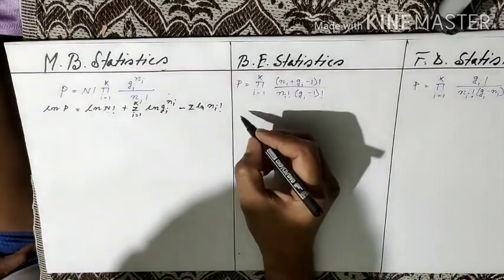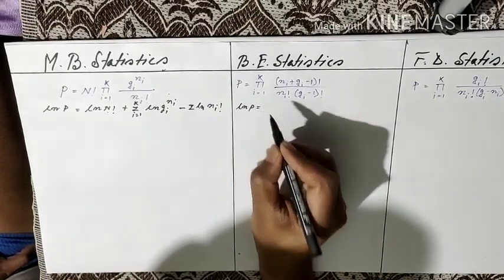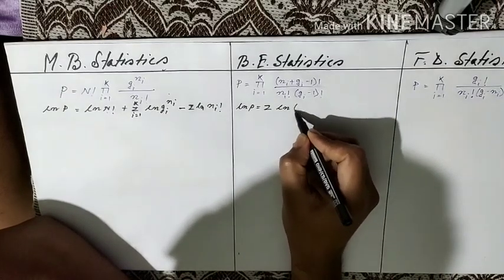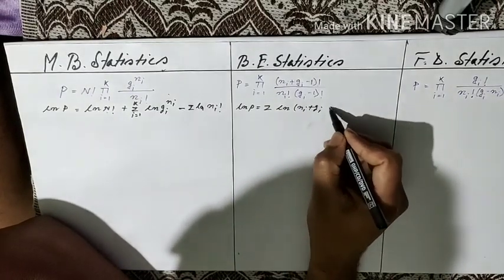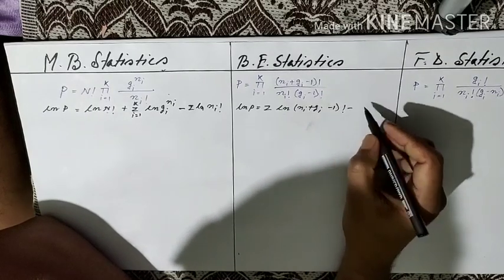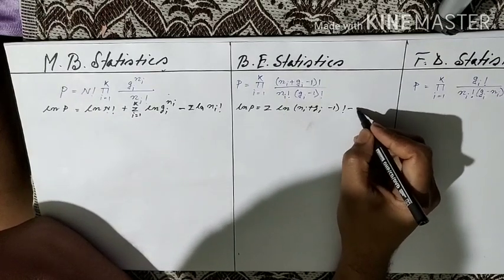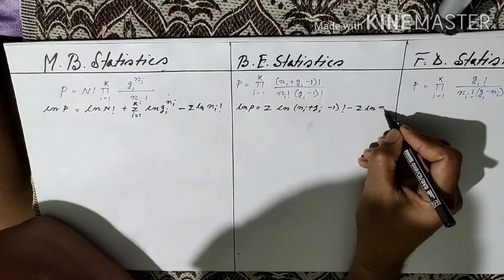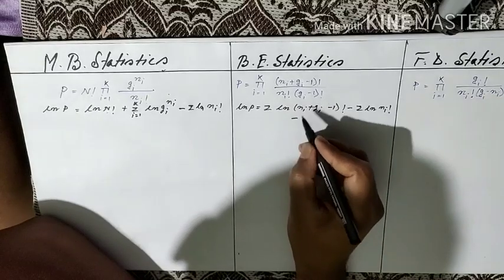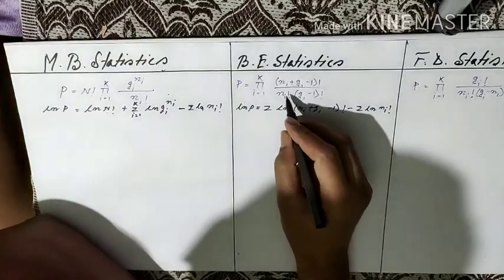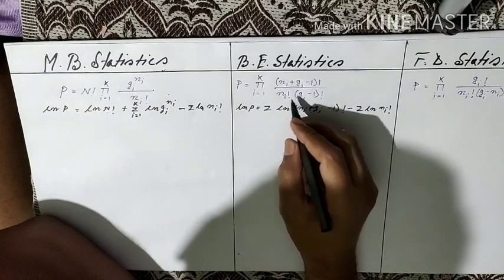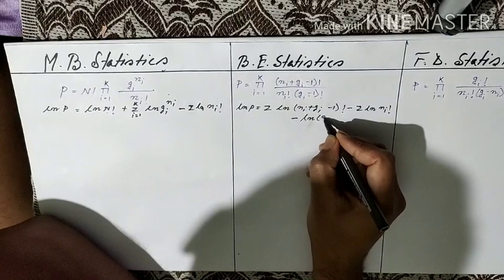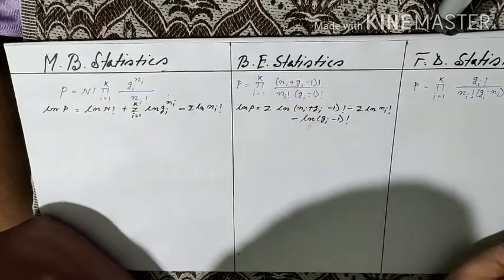Then the same thing I will do here. ln P is equal to summation ln (ni plus Gi minus 1) factorial, minus summation ln ni factorial, minus, again I am just expanding it, log of a into b is log a plus log b, the minus sign is already there, so summation ln (Gi minus 1) factorial.